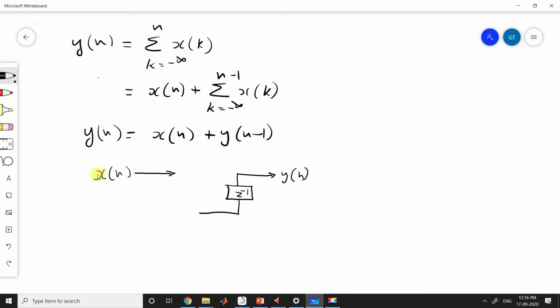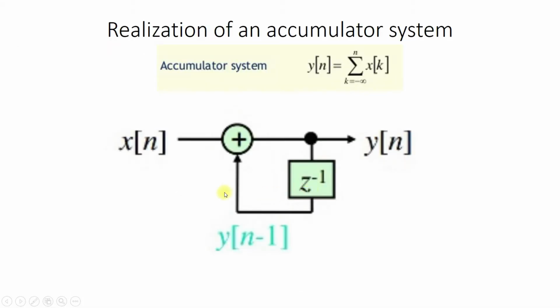The output of the delay element will be y of n minus 1. Now we can simply sum the two terms so that the output will be like that. So this is the realization of an accumulator system using the symbols.